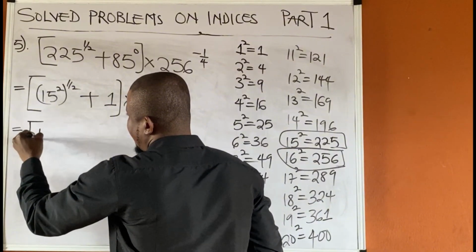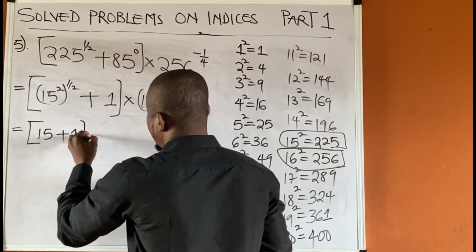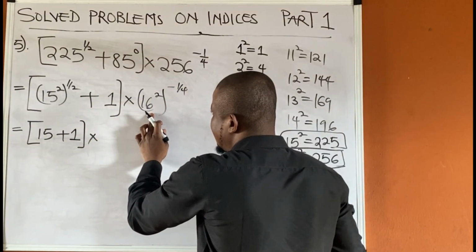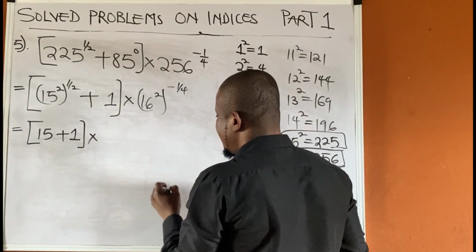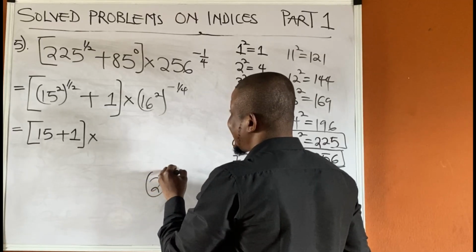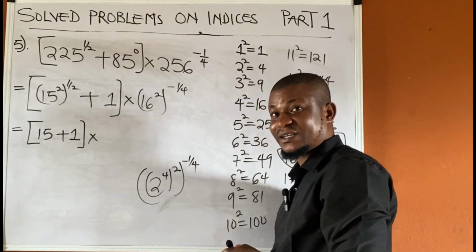So we have 15 here, now plus 1 times this itself, 16. 16 is 2 to the power 4. So we can evaluate this as 2 to the power 4, all to the power 2, all to the power negative 1 over 4. Very interesting.